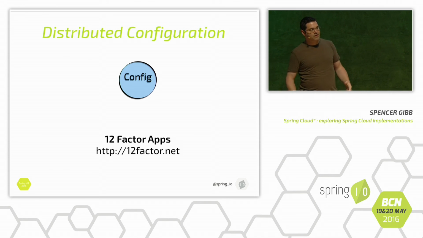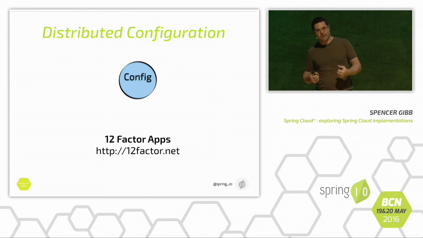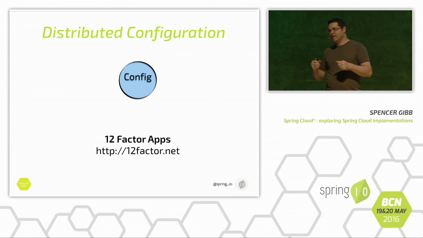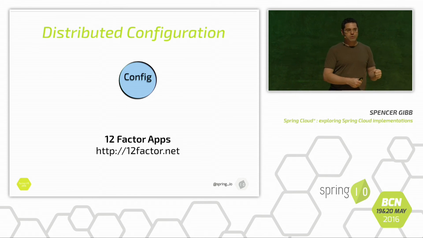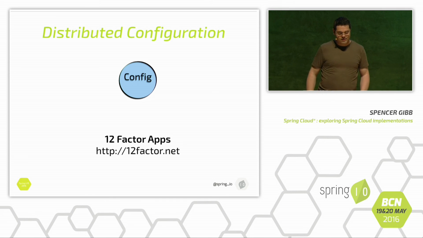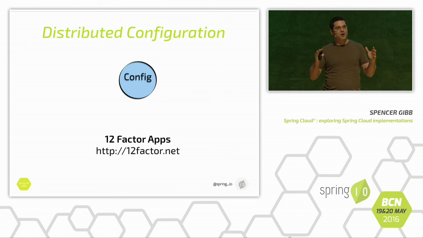One of them is configuration. And they say you shouldn't bundle your configuration with your application. It should be external to your application. And in fact, they go as far as to say that configuration should be supplied to your application using environment variables. And I think we stick to that concept, but Spring has a very concrete environment abstraction.